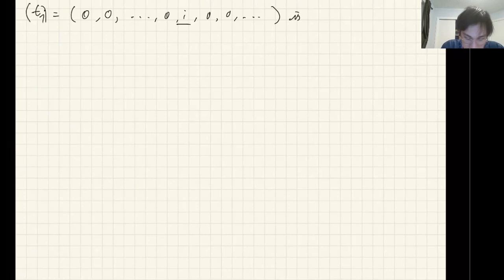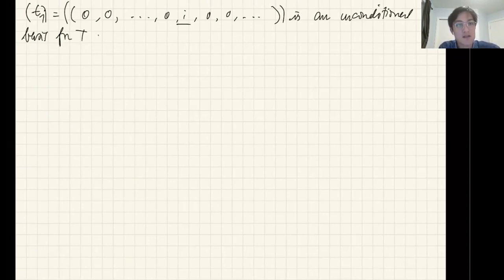That's a fact. You prove this inductively: all the n norms give an unconditional basis for C00, you take the completions of each of them, and then you just do it inductively.